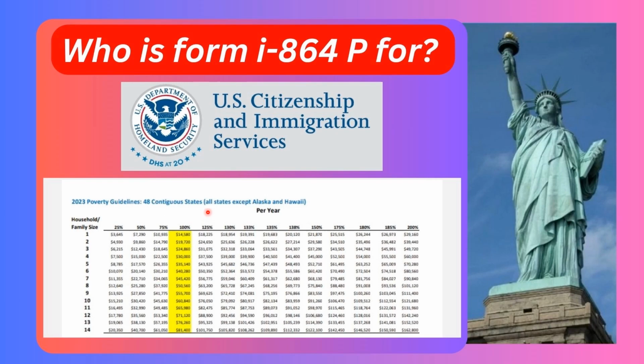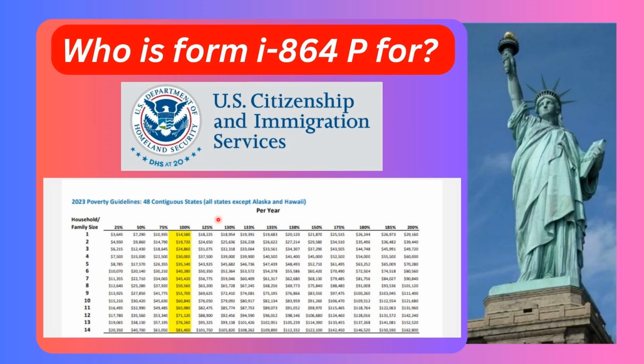So the household size, your income level, and then 125% is not just 100%, it has to be 125%. So if you don't meet that requirement as a primary sponsor, you may need a joint sponsor, or you may need a household member to contribute.